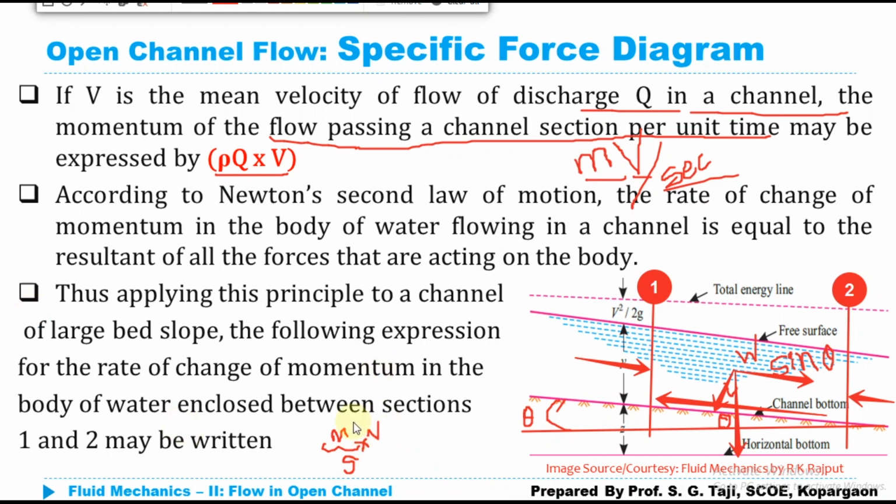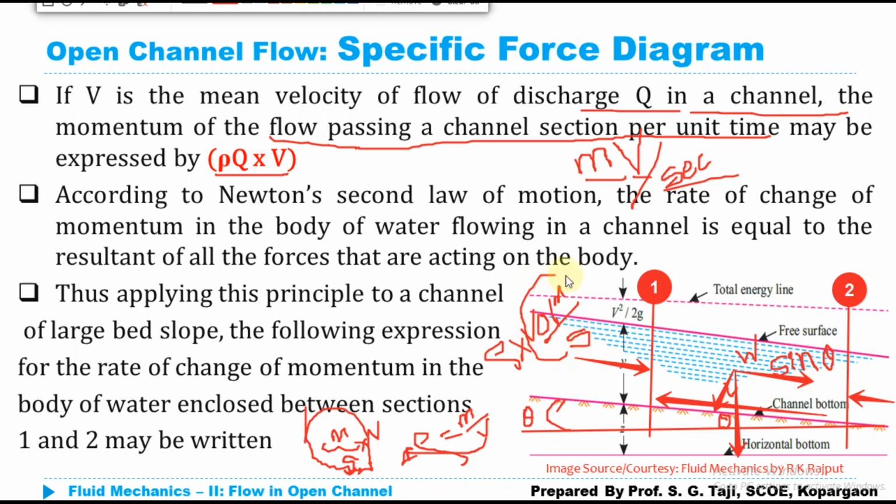So I am writing it as mass per second multiplied by velocity. What is our mass? Mass can be computed using density. Density is mass upon volume, so mass is equal to density multiplied by volume, divided by unit time, that is per second.